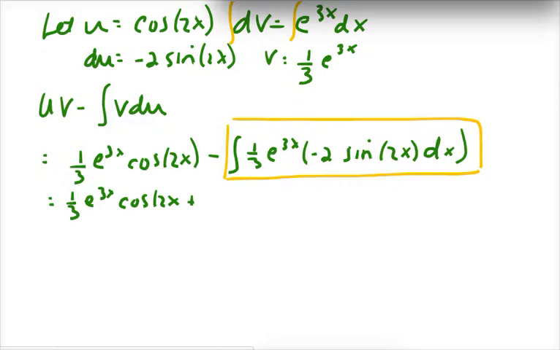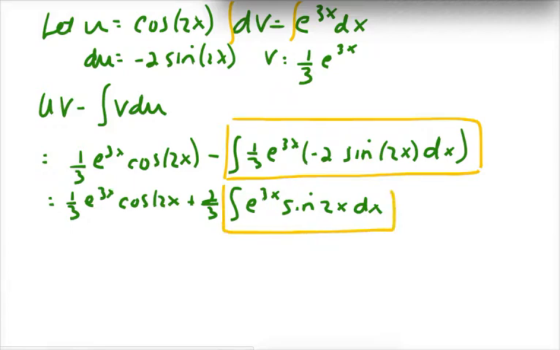I'm going to pull out all the constants, and we're left with 2/3 e to the 3x sine of 2x dx. So now we're going to work on this and see if we can get anywhere.